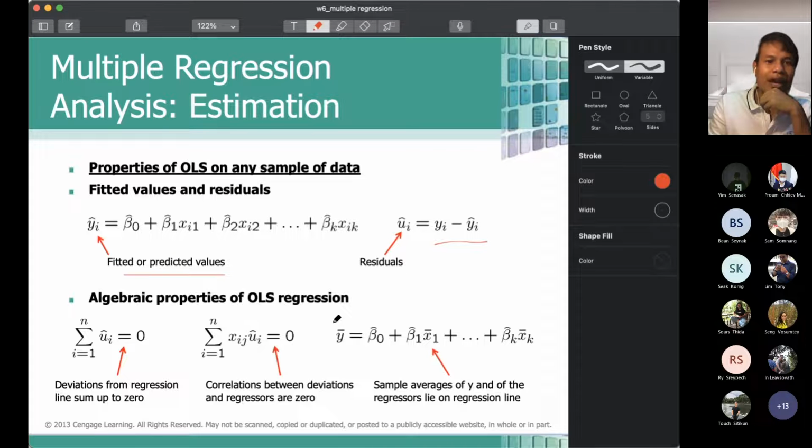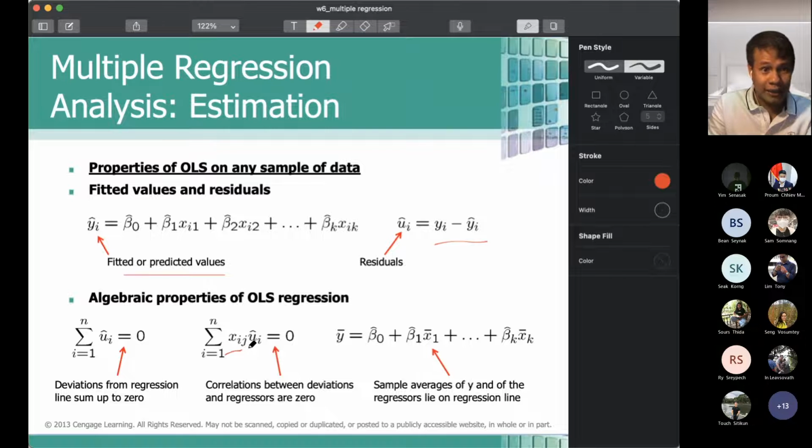All right? So as usual, the property of all regressions is the same as OLS. So the sum of the error term, we want it to be 0. And we want to make sure that residual has nothing to do with x.